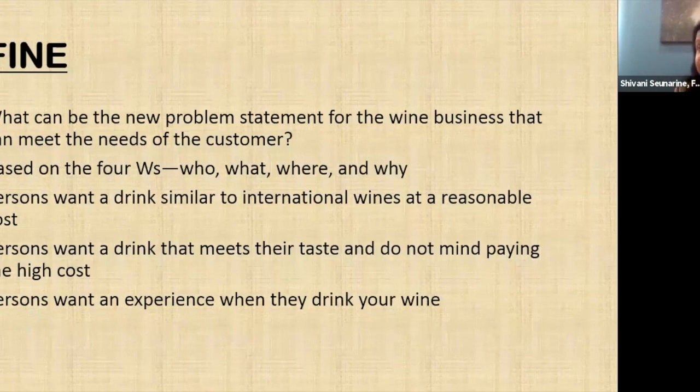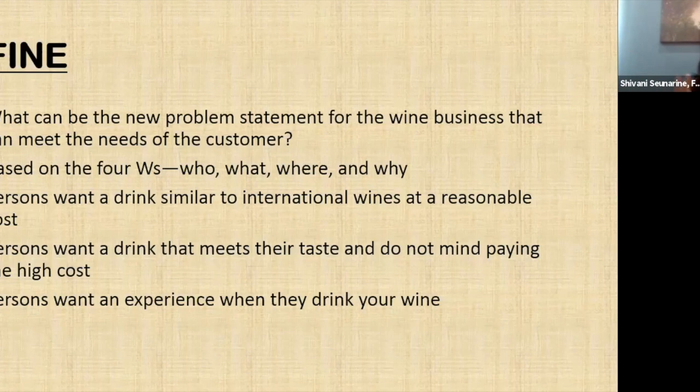Then there are persons who want a drink that meets their taste and do not mind paying the high cost. So there are two different clients right there. One is going to buy a bottle of wine even if it is of a high cost. Then there are other customers who want high quality, high international standards, but they want it at a reasonable cost. So you have two clientele right there.